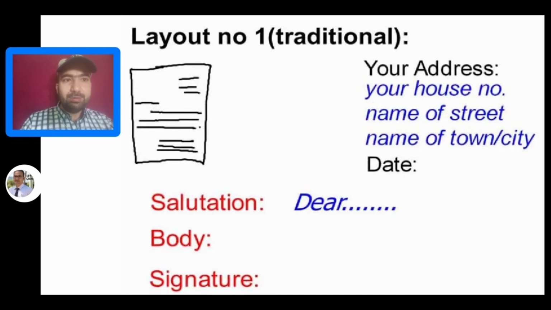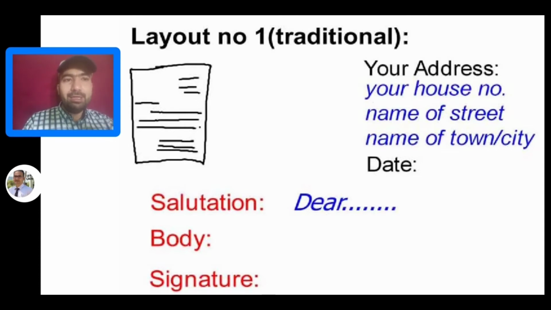So there should be a personal address, then salutation. You are not going to write the word salutation, but you will write dear brother, dear friend, and you can be very frank since it is an informal letter. You can say dear Bobby, you can use nicknames. Then comes the body, then comes the signature.